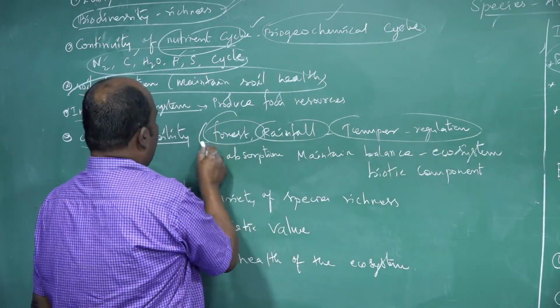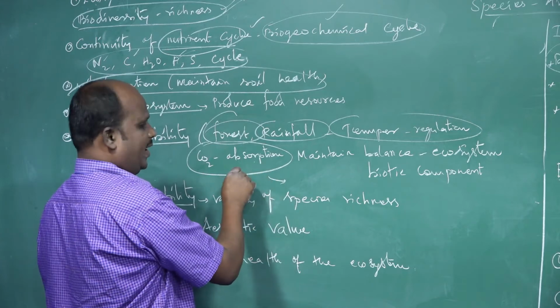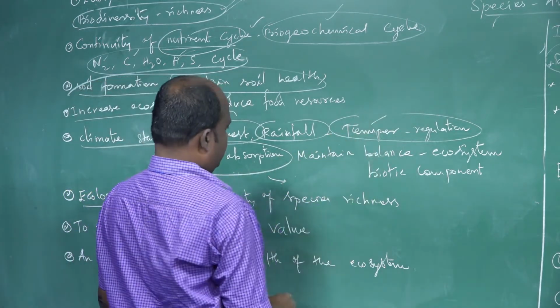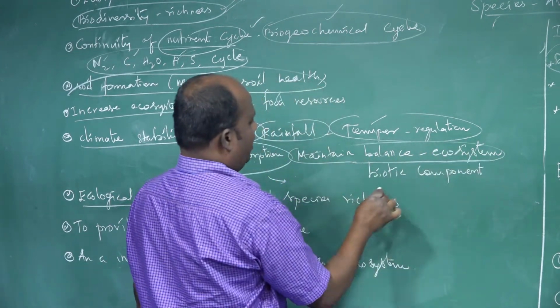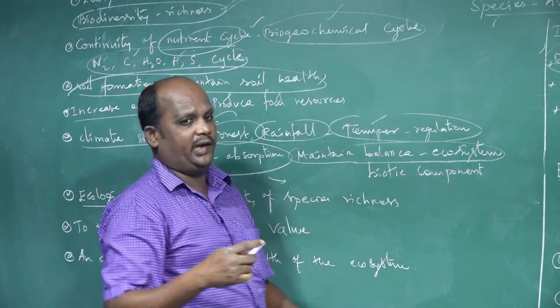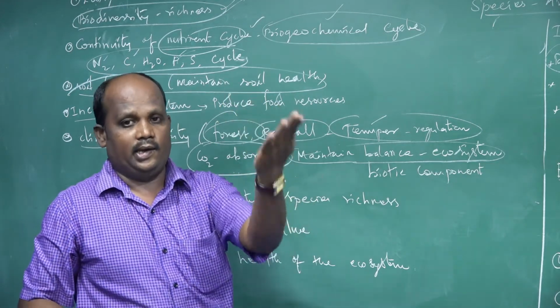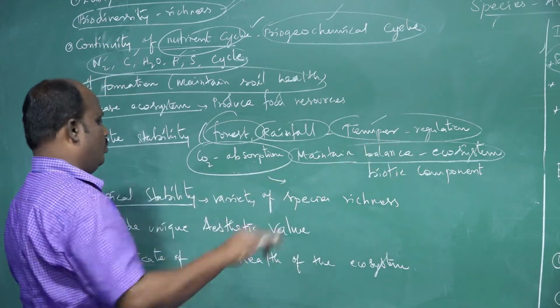Second one is CO2 absorption, which means through plant photosynthesis you can maintain the process. Temperature is also regulated by photosynthesis. Next one is maintaining the ecological balance. I mean the biotic components and, second, the abiotic components. Materials required by biological components are provided by abiotic components, and materials required by abiotic components are provided by biotic components. This should be neutralized.